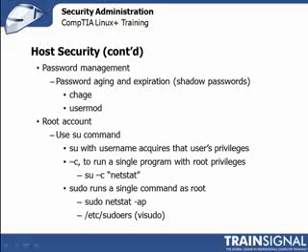To run a single program as root, you use the su -c option. Or for instance, su -c and netstat in quotes. Sudo is used to run a single command as root. For example, you could type in sudo netstat -ap.